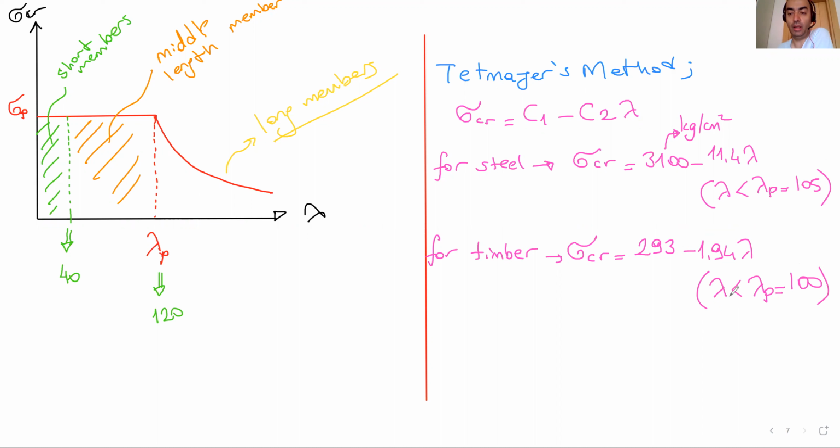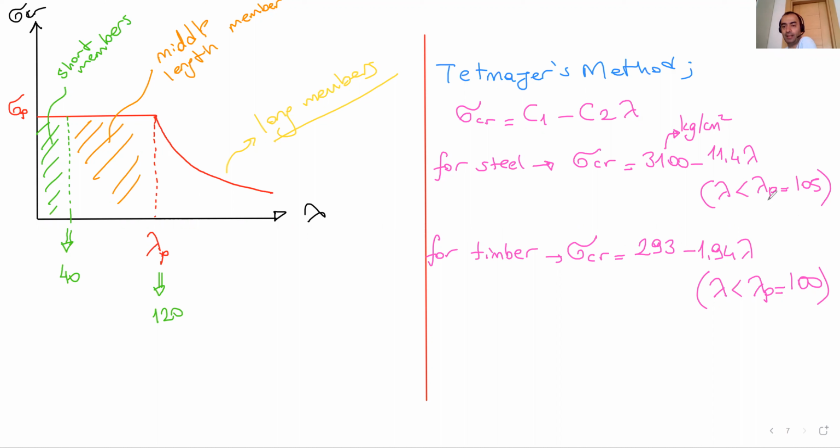As I said before, you don't have to memorize these numbers, we will give these equations to you. You should know only that you're going to calculate the lambda slenderness.